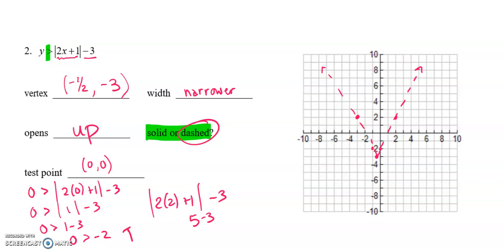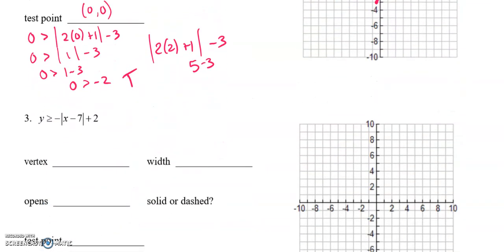That is a true statement. So I want to shade where 0, 0 is. 0, 0 was here on the inside of my absolute value. So I'm going to shade on the inside of the V. The two sides of an absolute value graph are either inside the V or outside the V. In this case, we were inside the V.